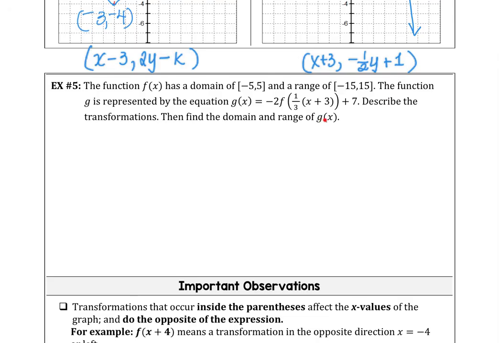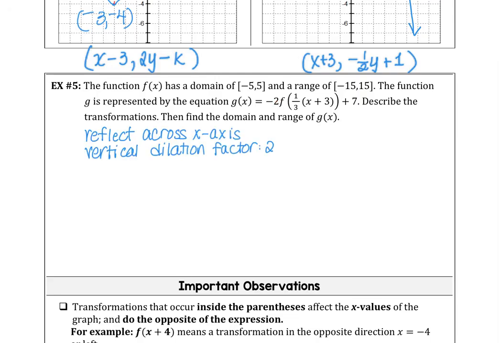So first of all, it looks like we have a reflection across the x-axis, and we have a vertical dilation factor of 2. So let's make a note of that. Inside the parentheses, we have a plus 3, so that means that we're going to shift our parent function 3 units to the left.